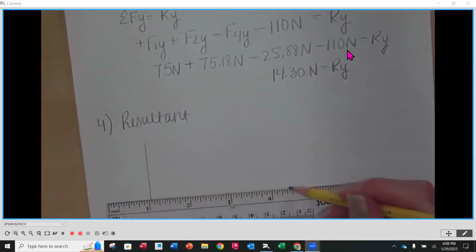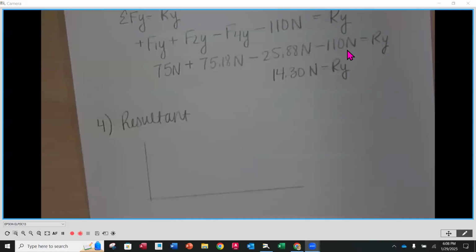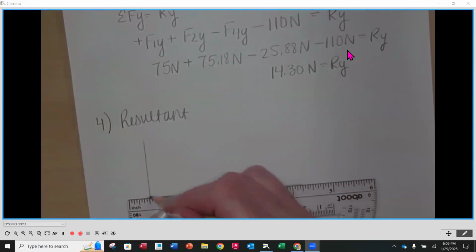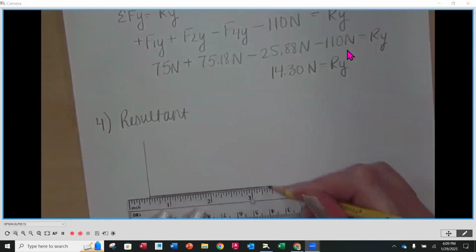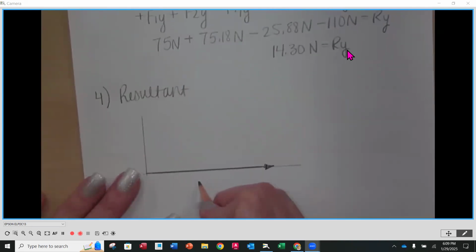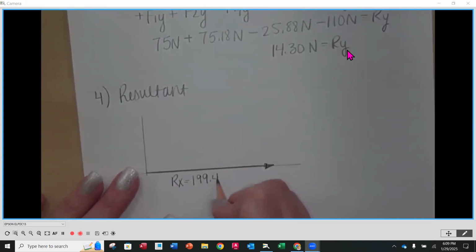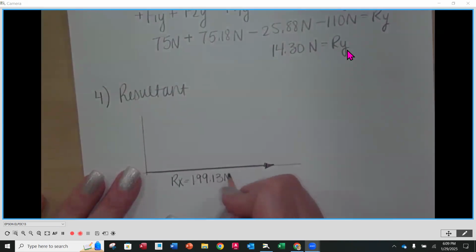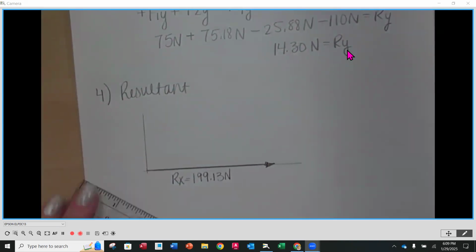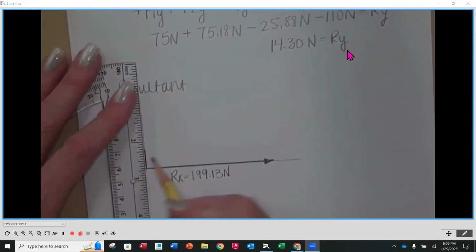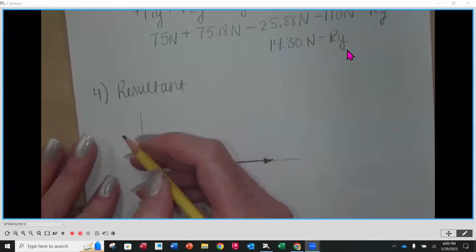You don't have to scale this, but proportionally, you want to show the resultant Rx along that X-axis considerably longer and pointing to the right, labeling it Rx is equal to 199.13 newtons is its units. And then a short little Ry.